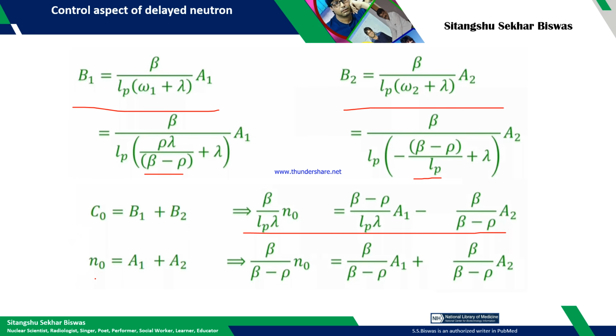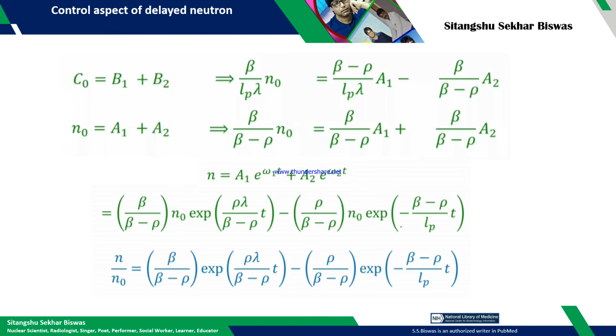Okay, and already we know that n0 is A1 plus A2, and now for calculation, for substituting one term, I am multiplying all the terms by beta minus rho. Now this term will cancel out and you will get the value of A1, and in a similar way you can get the value of A2 also.